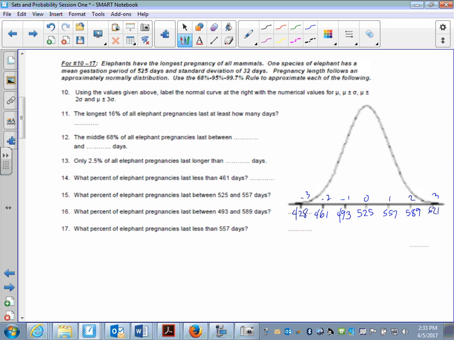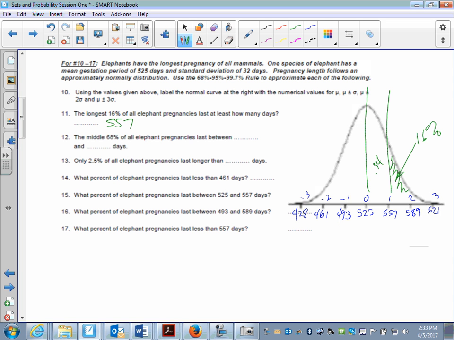Okay, now the longest 16% of elephant pregnancies last at least how many days? Well, between 0 and 1 standard deviation, there's 0.34, and so there's 16% to the right of 1 standard deviation, and so that would be 557 days.